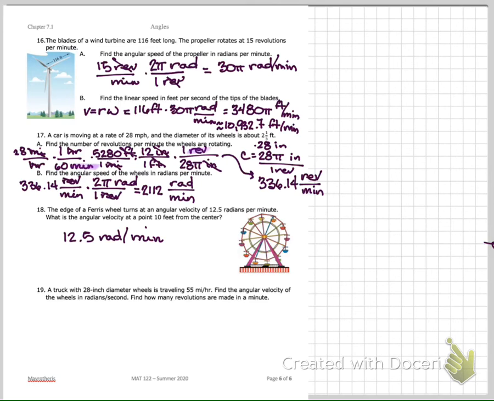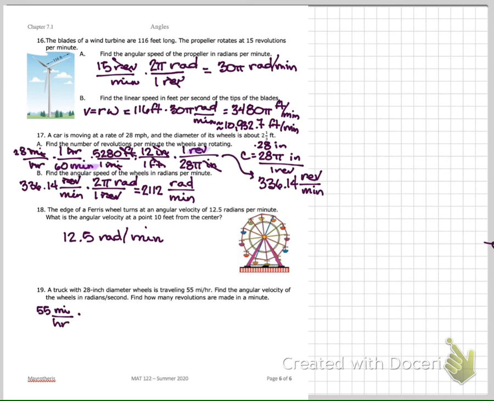So 19 here is going to look an awful lot like 17. This might be a good place to pause the recording, give this one a shot, and then come back and compare if you'd like. But here's what we've got. We've got 55 miles per hour. Again, I want the angular velocity in radians per second.